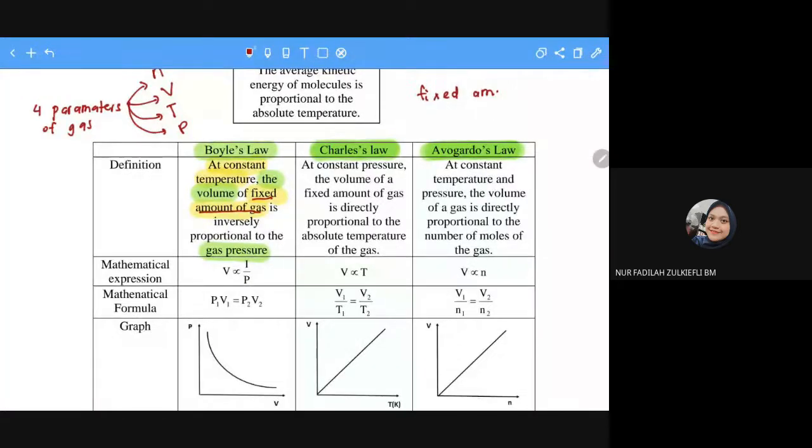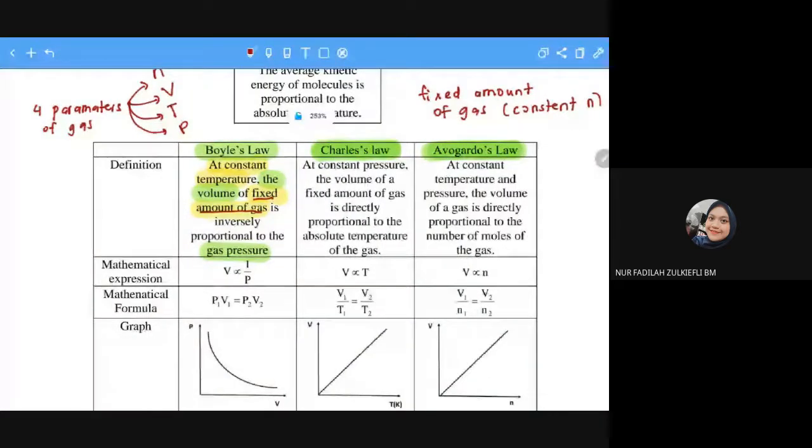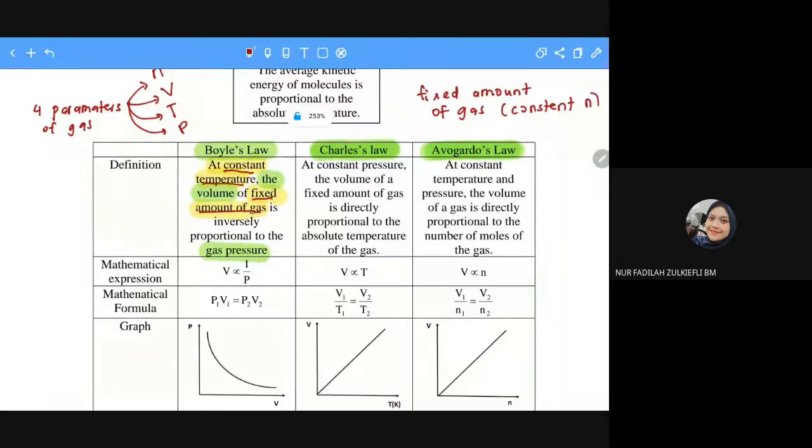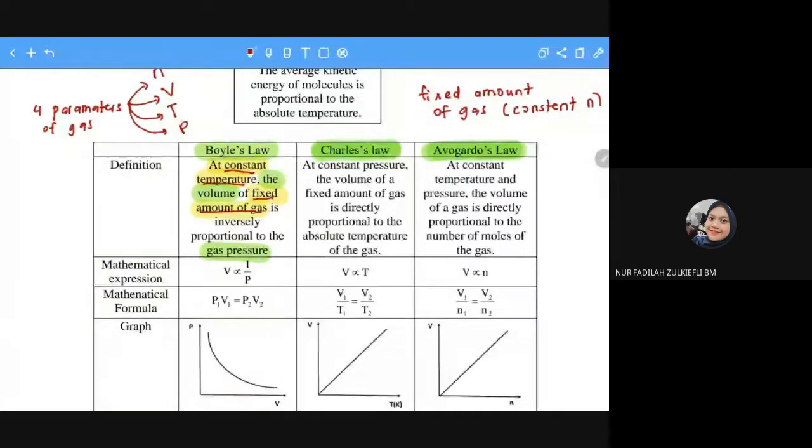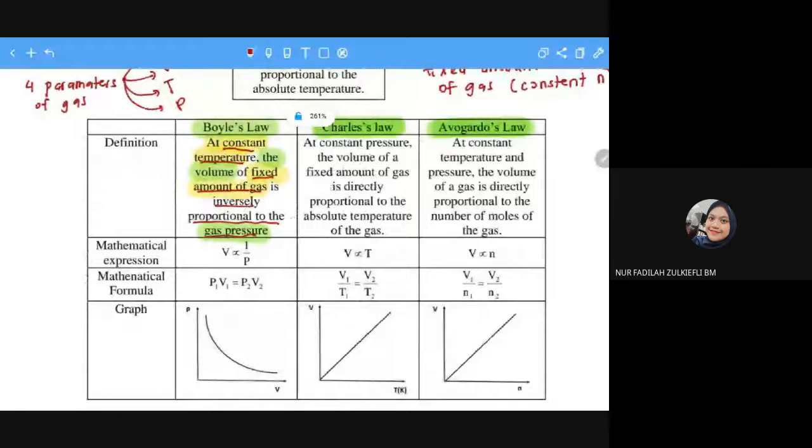Fixed amount of gas maksudnya, in a simple word, constant N, constant number of mole. Dia constantkan dua parameter kat sini: temperature and also the amount of gas. So the relationship yang dia study adalah the volume of the gas is inversely proportional to the gas pressure. So the mathematical expression adalah V inversely proportional to 1 over P.